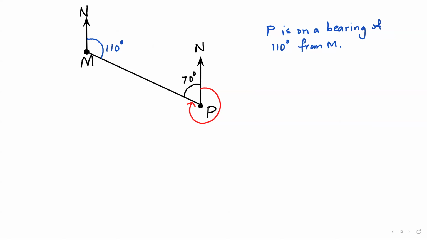And so I can figure out the remaining clockwise angle around here, because the angles around this whole point will add up to 360. So you'll say 360 take away 70, which is 290 degrees. And therefore, M is on a bearing of 290 degrees from P.